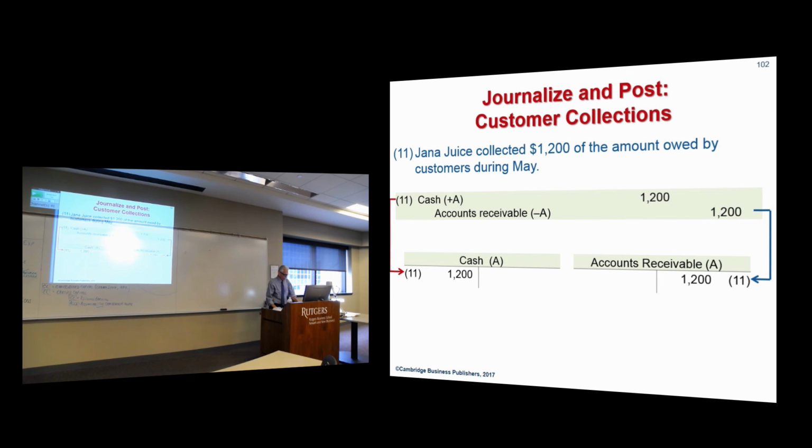And then, of course, the collection of receivables: increase the asset cash by a debit, and we reduce the asset receivables by a credit. Now, here's cash flow without revenue. Cash came in without any revenue being recognized, because revenue was recognized when you sold the product on account.